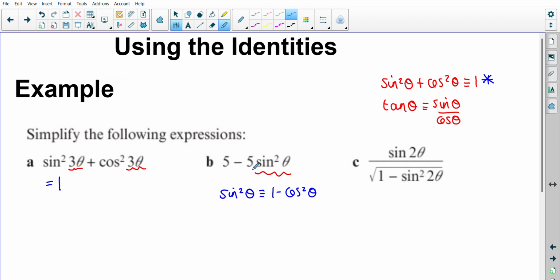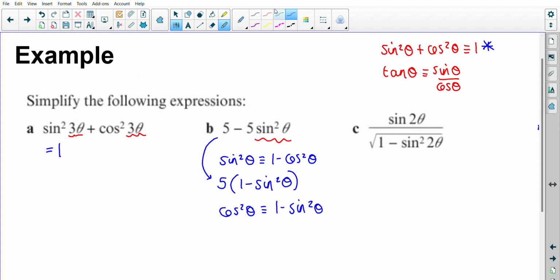But what I might do first, looking at it, is I think I can factor out a 5. So to take a 5 out, I'll have 1 minus sine squared theta. And actually then I want that the other way around. So cos squared theta equals 1 minus sine squared theta.